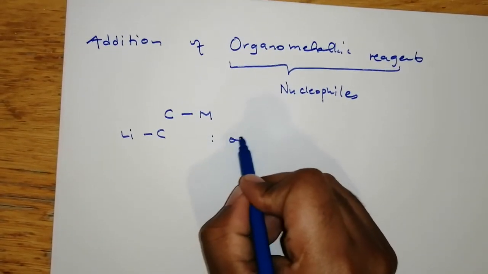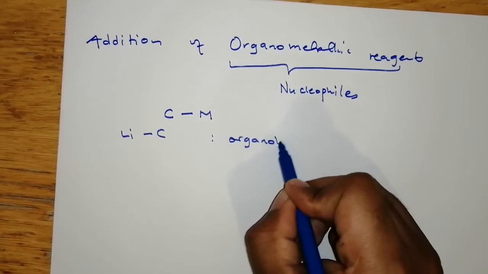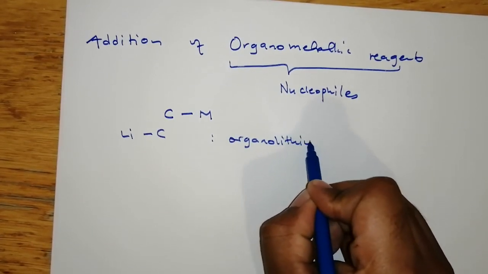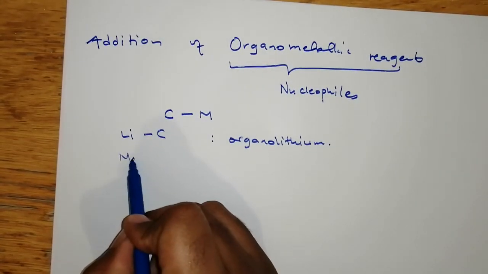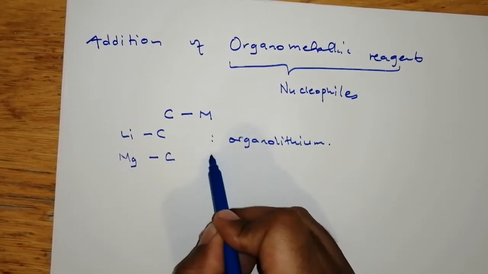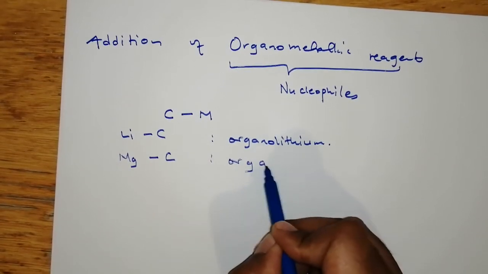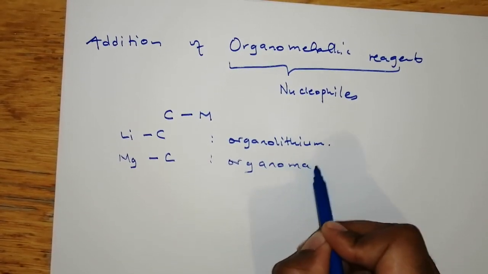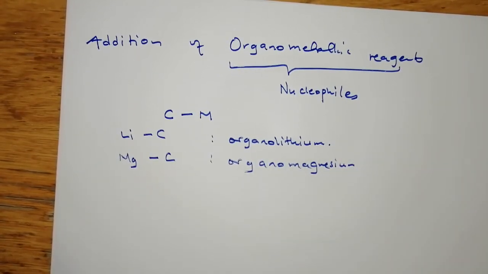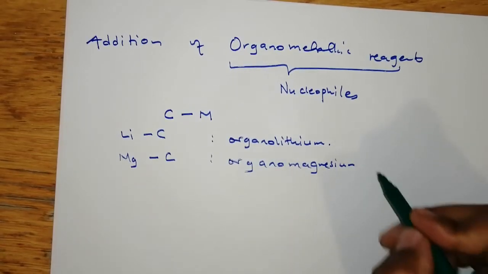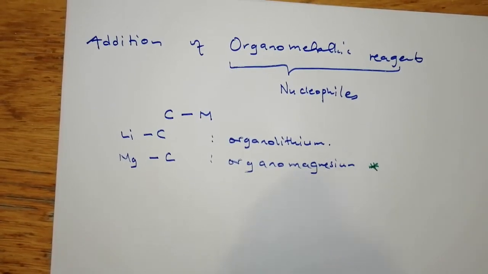Then these will be organolithium, and we also use magnesium. Then these are organomagnesium, and these ones have a special name.